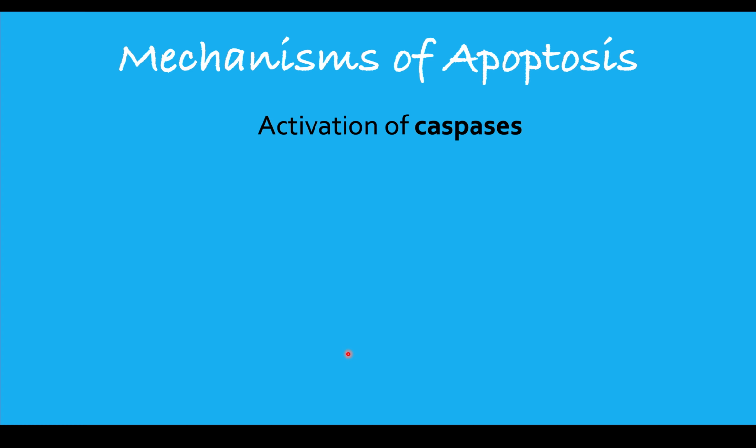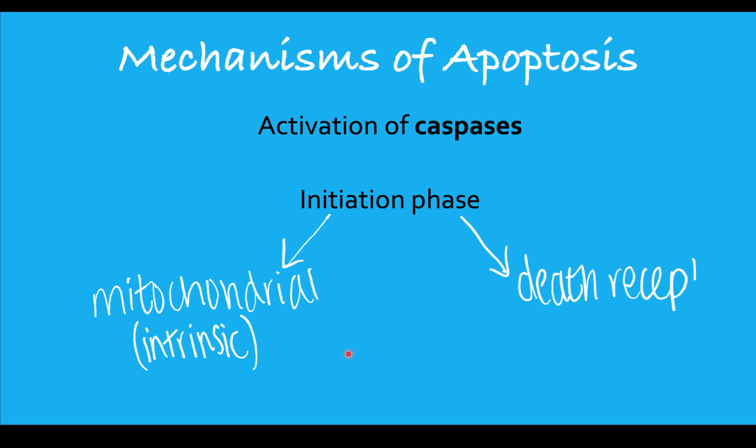It happens through a process that has two phases. The first phase is the initiation phase, and within the initiation phase, there are two main pathways. You can either go through the mitochondrial or intrinsic pathway, or you can go through the death receptor or extrinsic pathway.